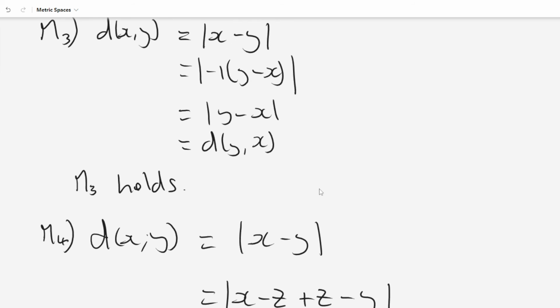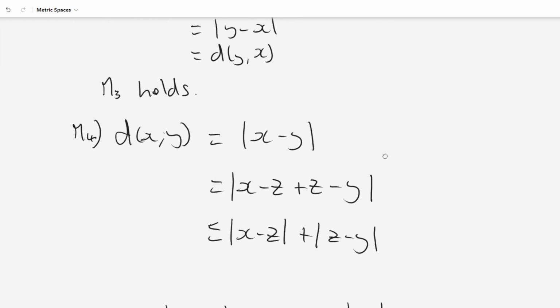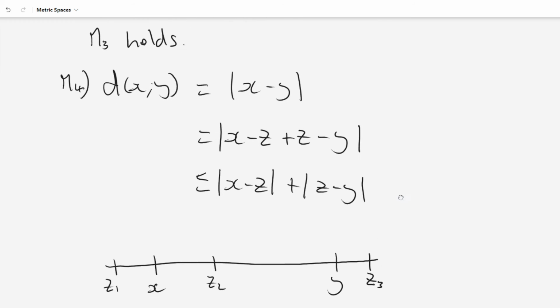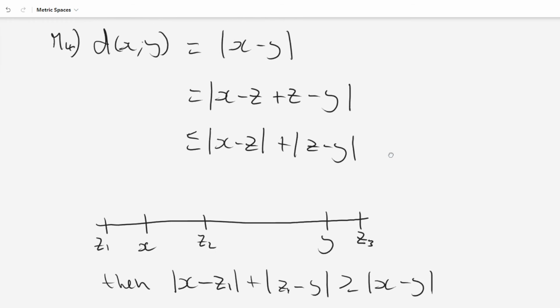So M3 holds. Now for the last one, M4, this is the triangle inequality. So that says that the distance, as you know, between x and y must be less than or equal to the distance via its triangular movements, or distance between the one element and a third one. And yeah, you get the idea.